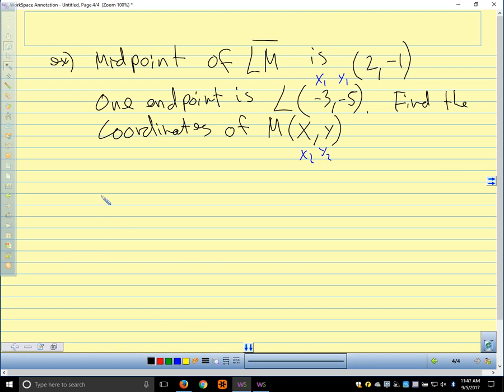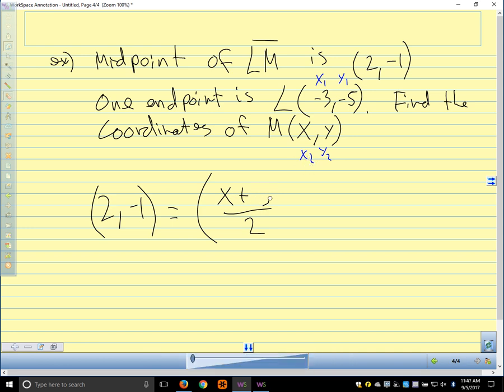So from our midpoint formula, we know that (2, -1) equals the average of the x's, x1 plus x2 divided by 2, which is -3 plus x. And the y coordinate for my midpoint is y1 plus y2, and we don't know that, so I'm just going to call it y, divided by 2.